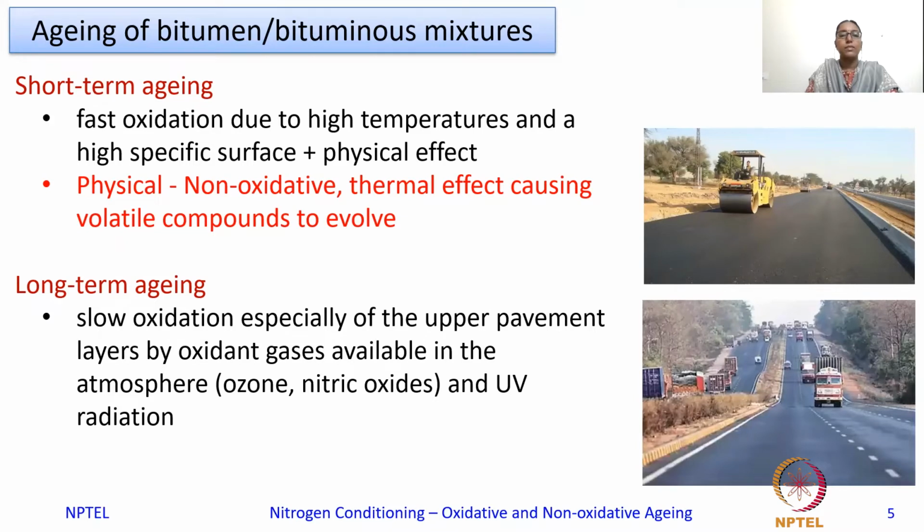The physical effect is the evaporation, or removal, of the volatile compounds from the material. Whereas long-term aging is essentially an oxidative process, which is slow in nature because of the oxidant gases available in the atmosphere, like ozone, nitric oxide, etc. This aging happens for the material at the top layers of the pavement.